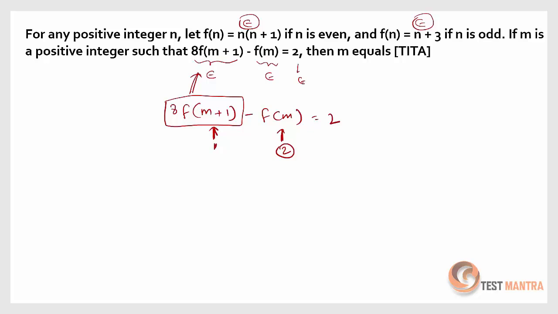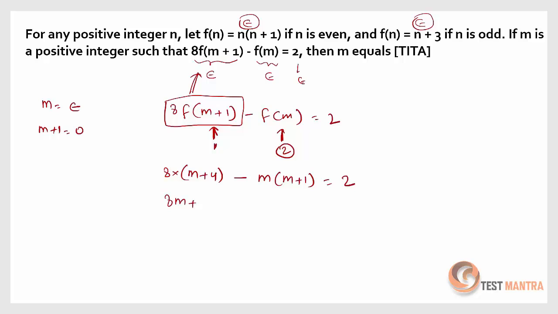So according to this, as we have seen that when n is an even number, that represents m is definitely an even number. If m is an even number, m plus 1 is definitely an odd number. So let's insert the value here. It's 8 into m plus 4 now, minus m into m plus 1 is equal to 2. Easy to solve this part now.